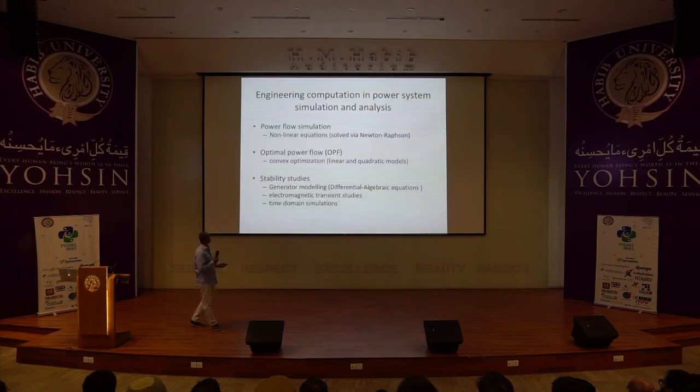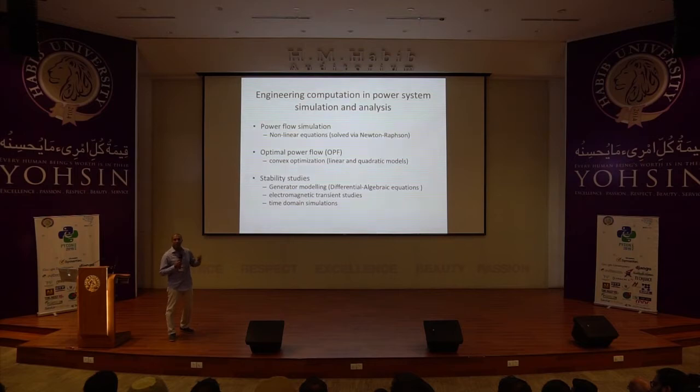This is a very quick overview of the different kinds of problems we solve in power systems. The one we're looking at today is basically just a load flow problem. We just want to know how much power is going to flow through different nodes of the network. There's another problem called optimal power flow, in which we try to figure out the cheapest dispatch of different generators such that we can provide all the load with the power they need.